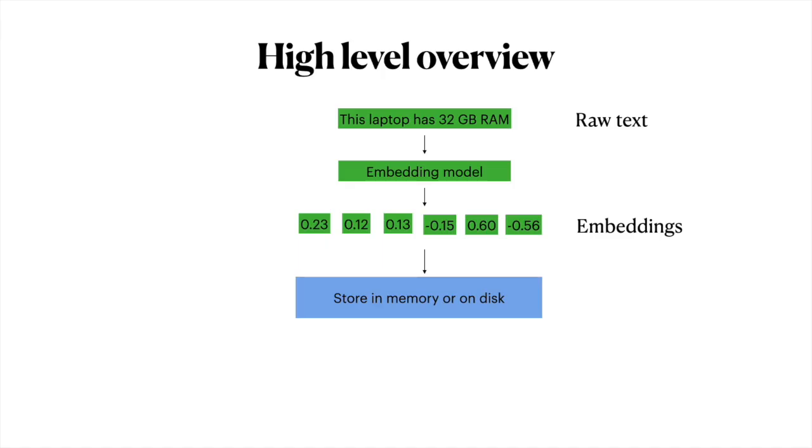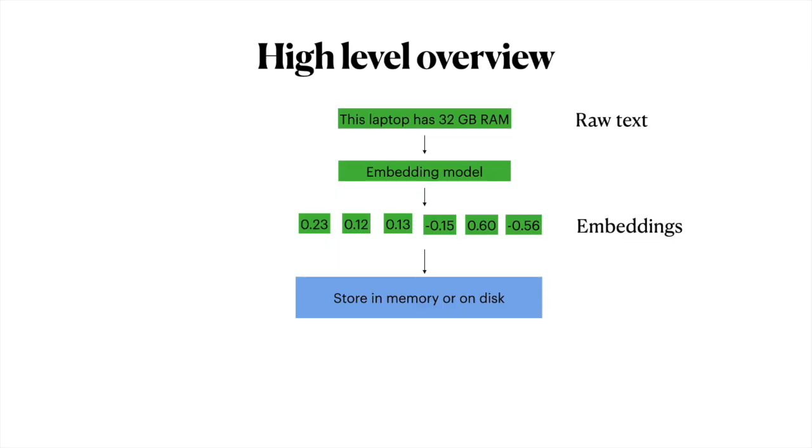Here we will talk about one of the core concepts of vector databases, which is embedding. A vector database uses an embedding model internally to build the knowledge base. In this diagram you can see this laptop has 32 GB RAM is a raw text or input, which will break down into numeric embeddings and be stored in the database.